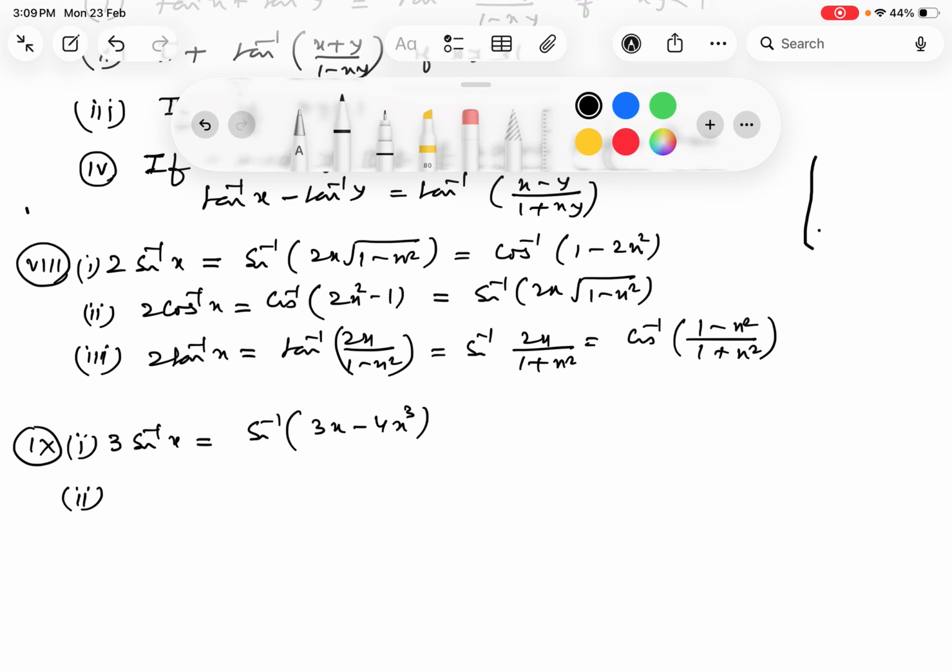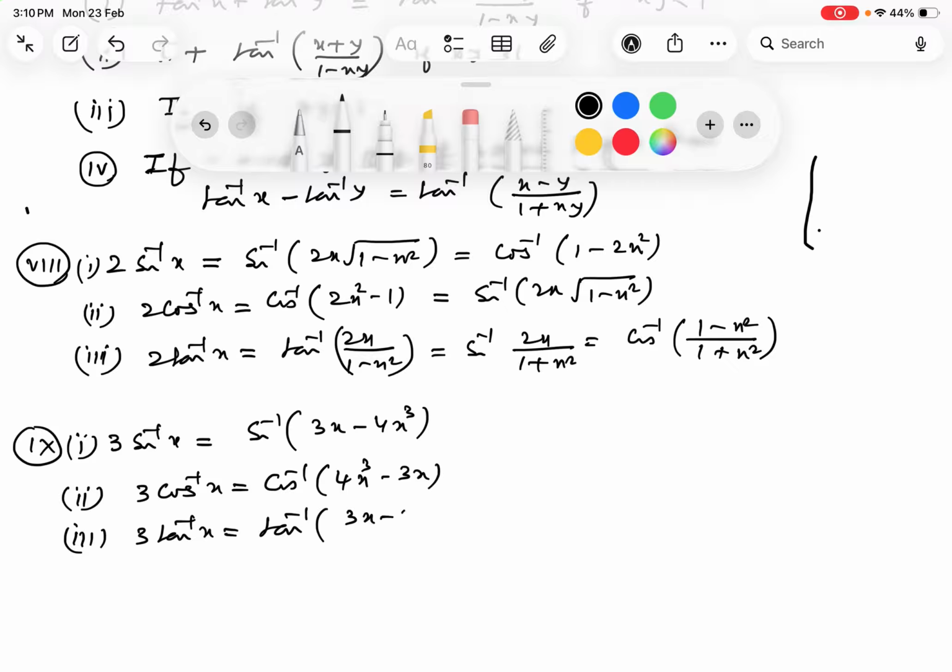Second result in this is 3 cos inverse x is always equal to cos inverse of 4x cube minus 3x. And third result in this is 3 tan inverse x is always equal to tan inverse of 3x minus x cube by 1 minus 3x square. This is your 9th result.